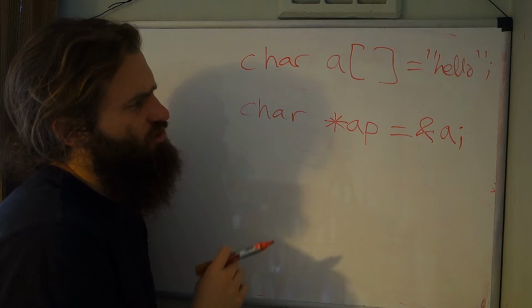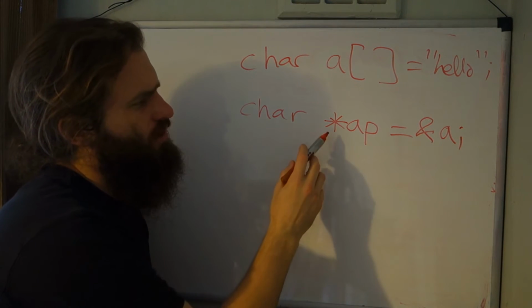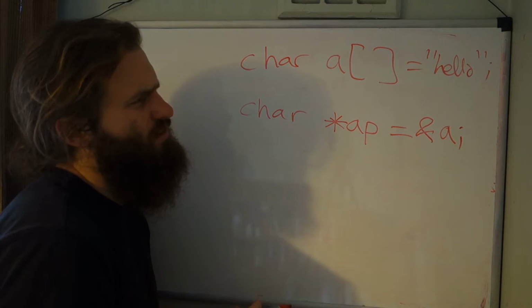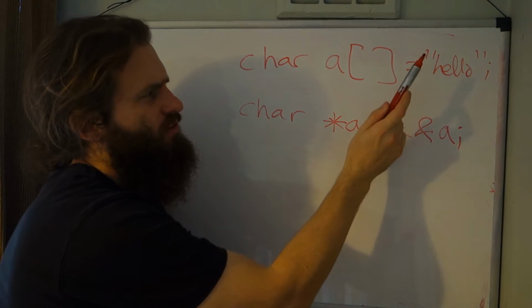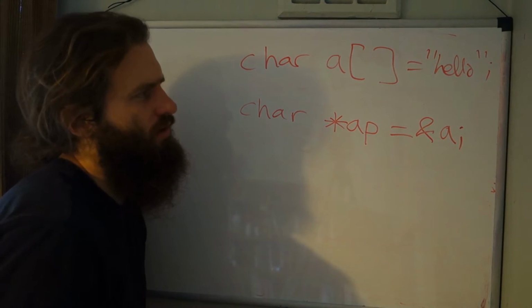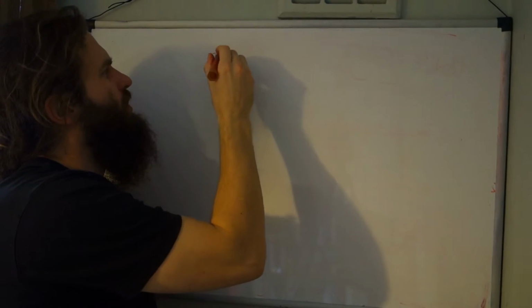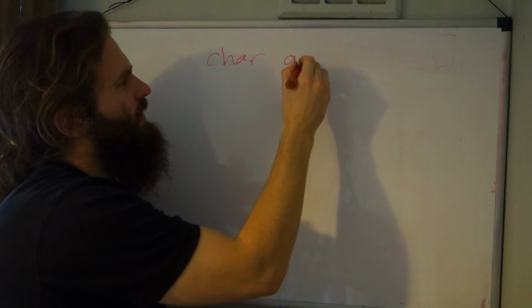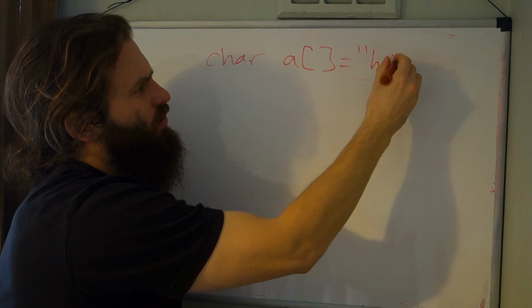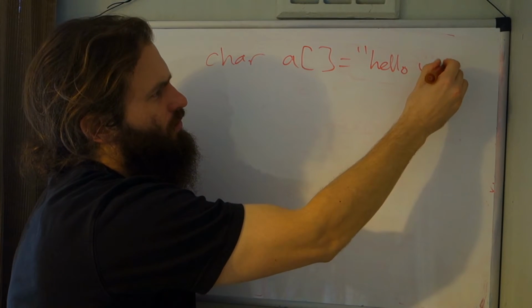There's an advantage to using a pointer in that we can pass pointers not necessarily to the start of a string, which this would do, but into the middle of the string. So let's start with another string, A, and it's hello world.